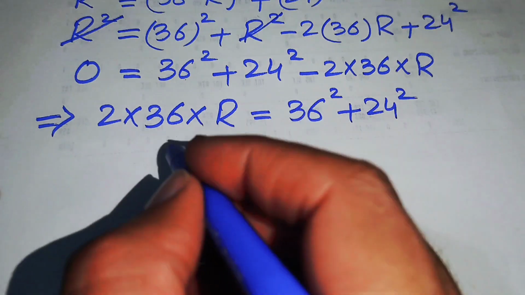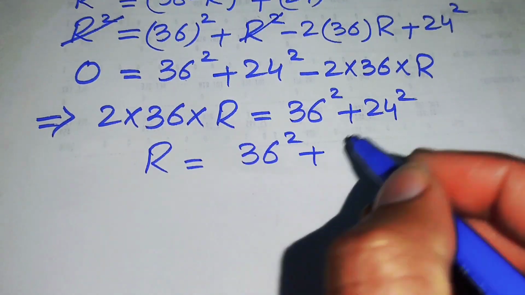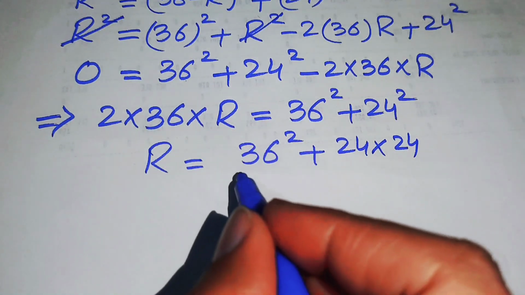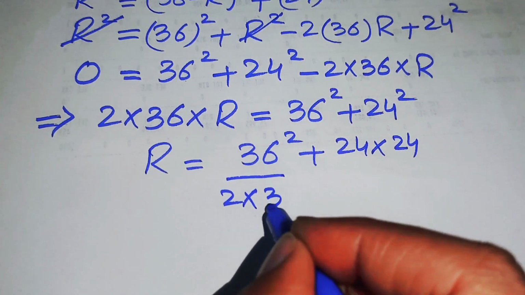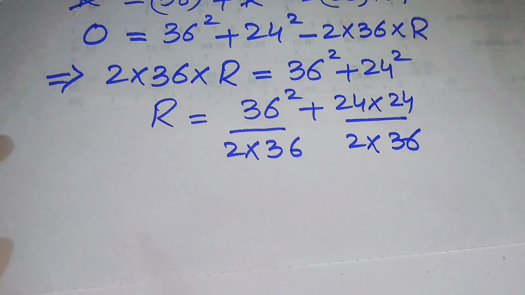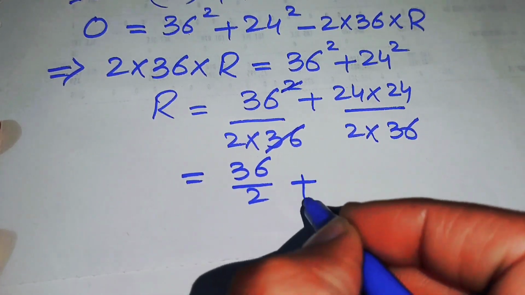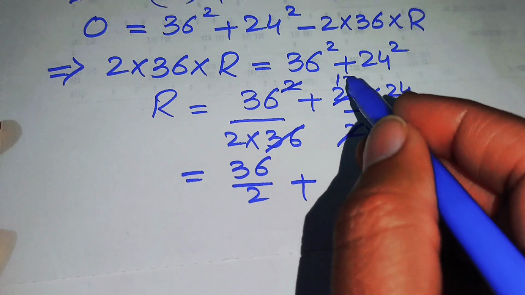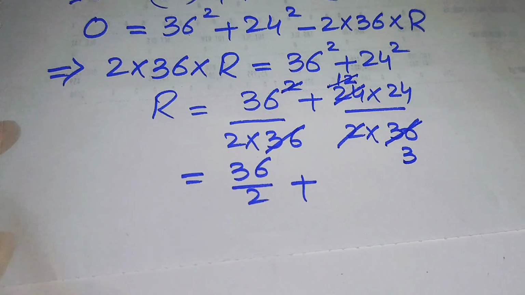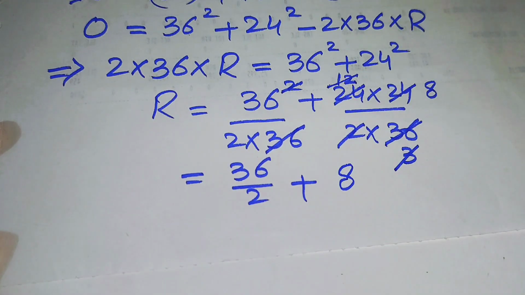Now we move 2 times 36 to the right hand side, and we get R equals 36 square plus 24 times 24, divided by 2 times 36, term by term. The 36 cancels with the 36, and we get 36 over 2 plus, since 2 12s are 24 and 12 3s are 36, we cancel and get 3 8s are 24, so we obtain 8 only.